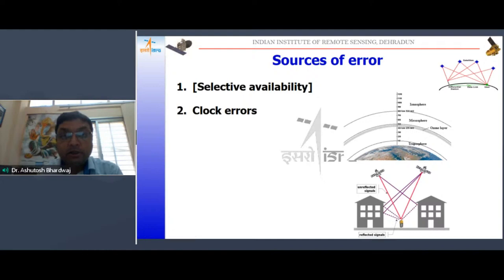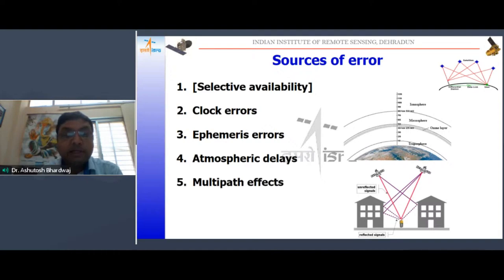So currently we are getting the good signal only. Then there are certain clock errors, ephemeris errors, which are the errors in the position of the satellite. Then atmospheric delays are there, multipath errors are there when we receive the signal which hits the building or neighboring place and then comes to the receiver. So that is called multipath effect. These errors contribute to the total error.